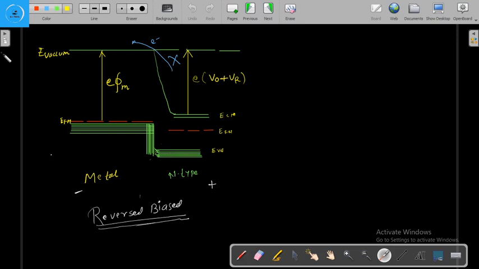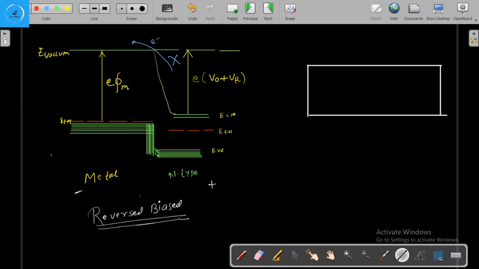Now what happens when we apply the negative bias, the reverse bias? So here is again metal, this is metal, and this is the n-type semiconductor.